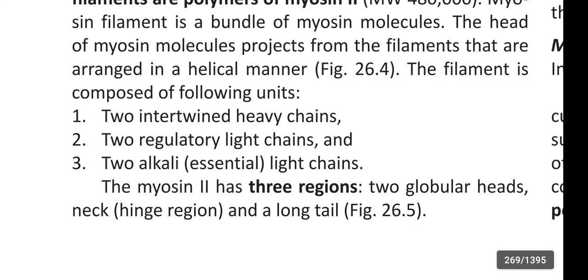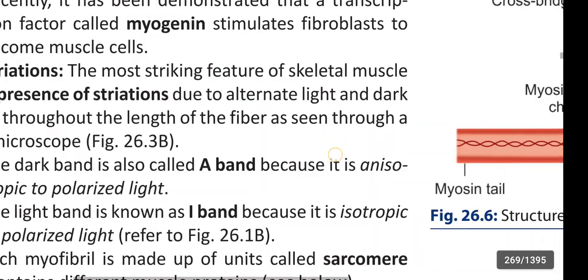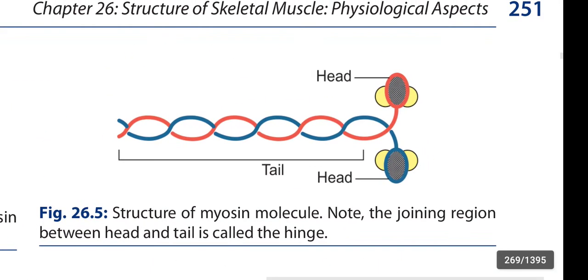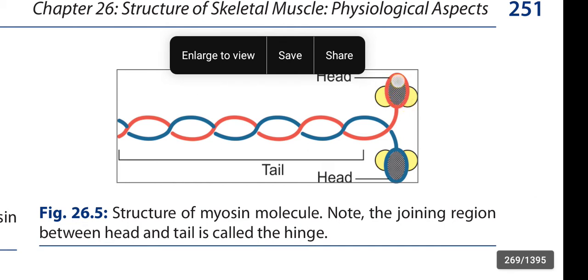Long tail. This is the head region, neck region and tail region. These are the three regions. This is the structure of myosin molecule.